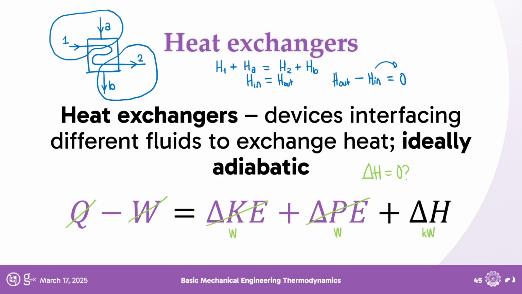If it so happens that your state 1 is hotter than state 2, or that your state B is hotter than your state A, it doesn't matter how much or what the interactions are, so long as H1 plus HA is equal to H2 plus HB.